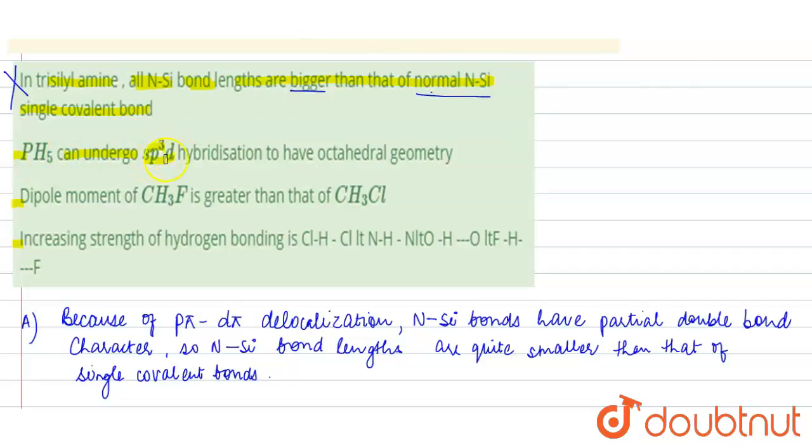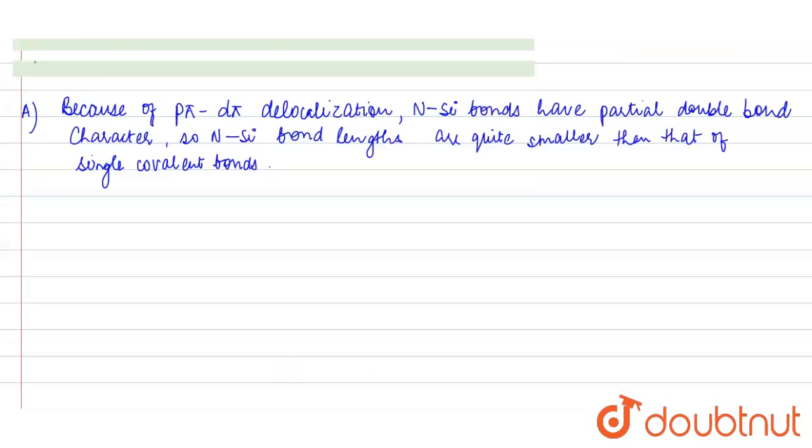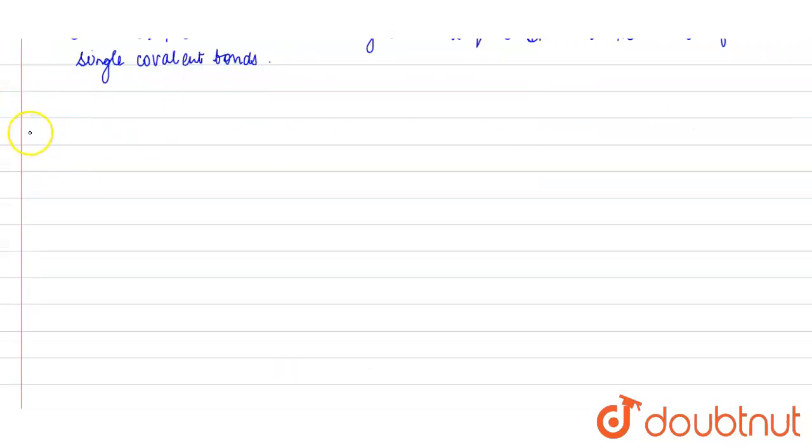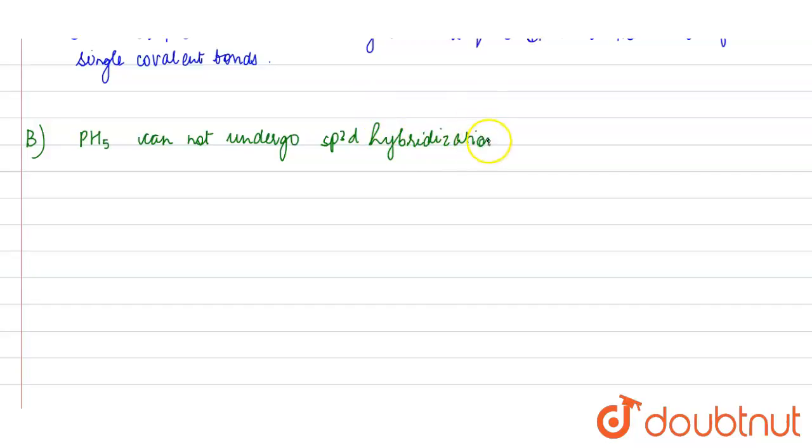PH5 can undergo sp3d hybridization to have octahedral geometry. Let's see the explanation for this. First of all, the PH5 compound does not exist. Why? I'll explain it here. PH5 cannot undergo sp3d hybridization. The statement is incorrect.